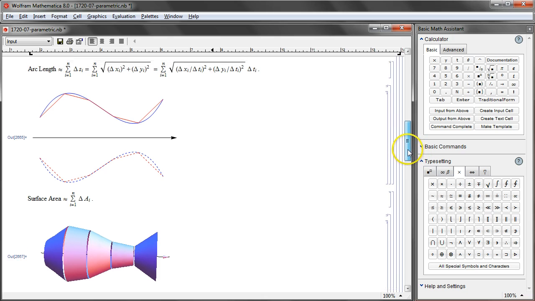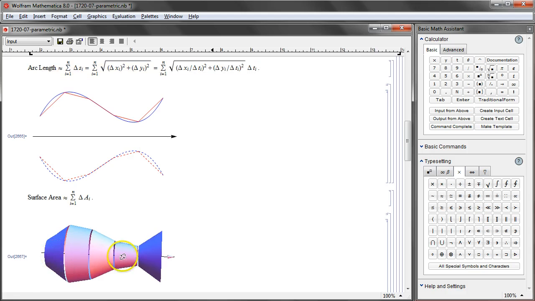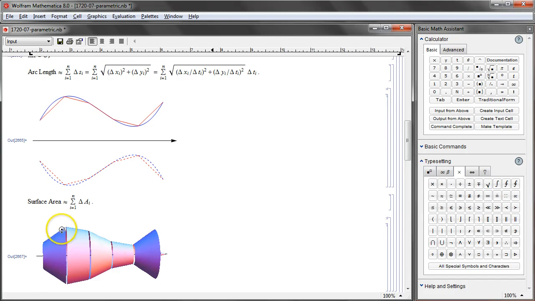I have to show you a bit more. Delta Si, which can be calculated like this. That was a backbone of this arc length formula, wasn't it? Now that's the same as in this 3D picture.